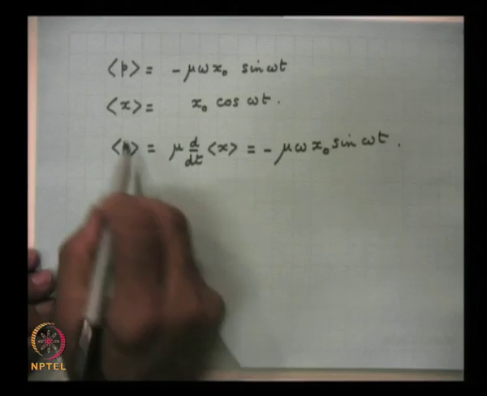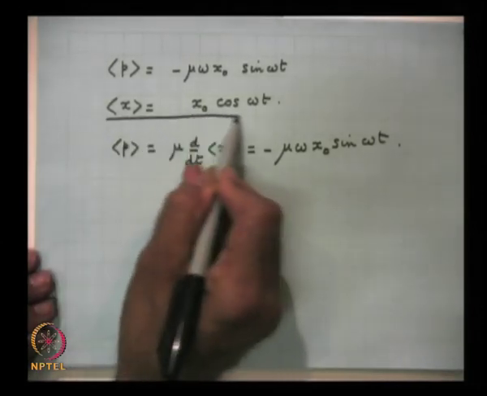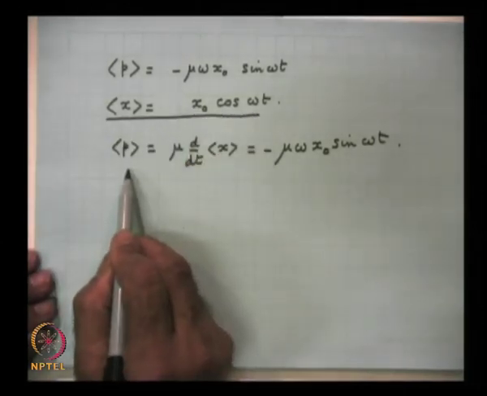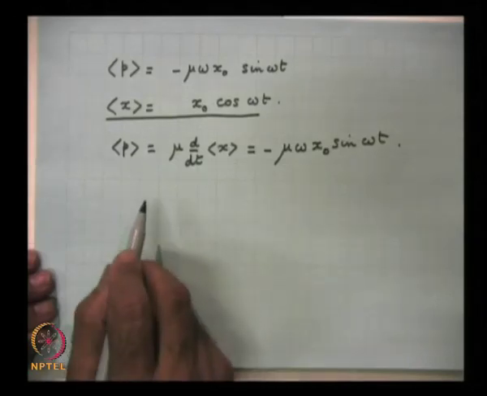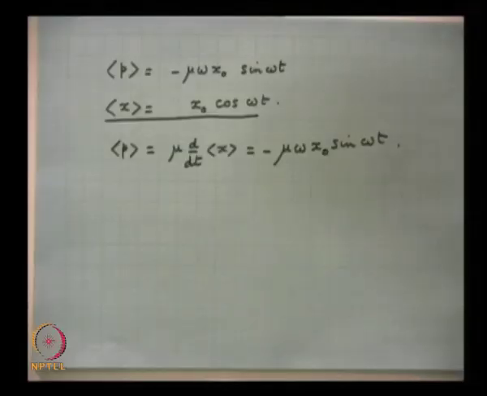And so, the coherent state represents the classical oscillator. Okay. Now, maybe we just stop here and start the next lecture from this point onwards. Thank you.